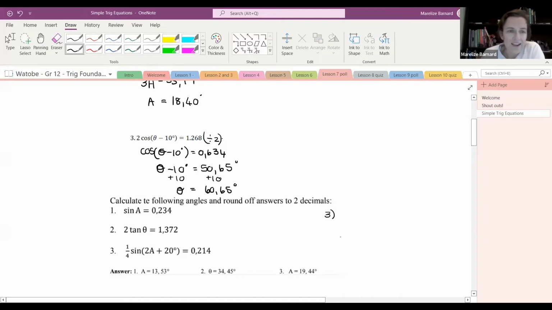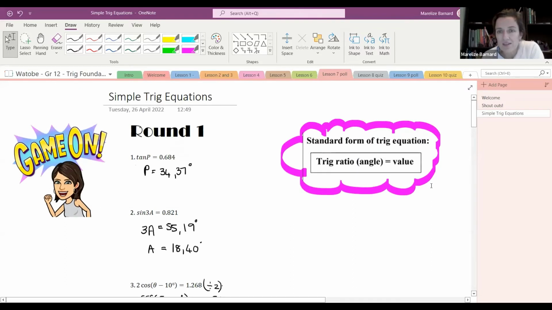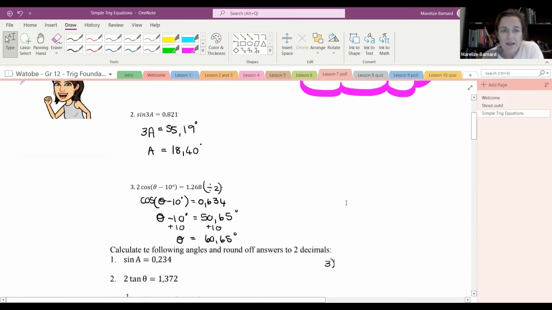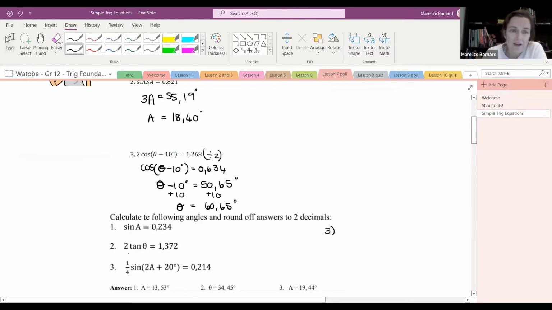Okay, so we first need to probably get rid of the quarter that's in front of sine A. Remember, we always go back to this principle here that the trig ratio and the angle must equal a value. So no number or anything in front of the trig ratio. Well, there is a number, it's 1, but we basically first do that.